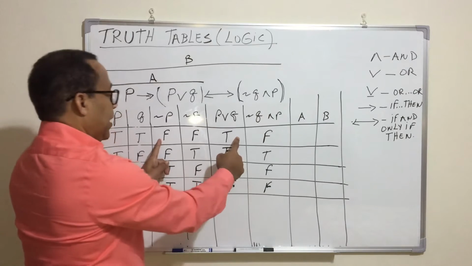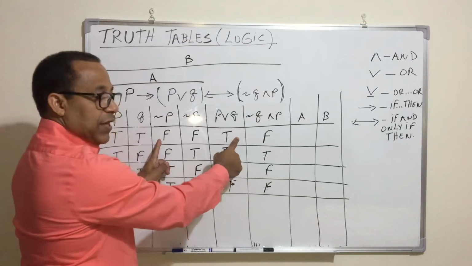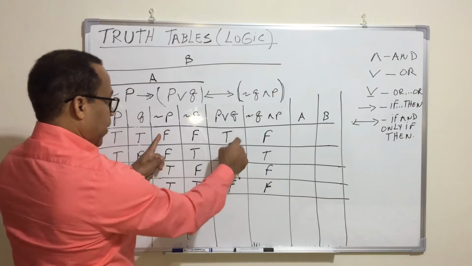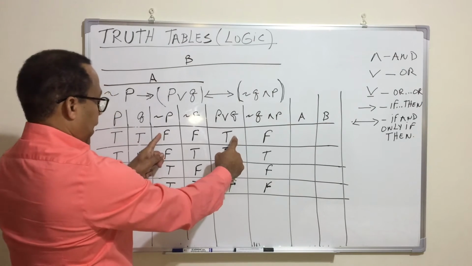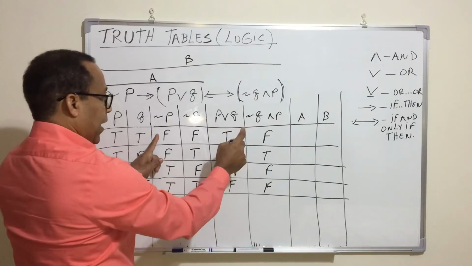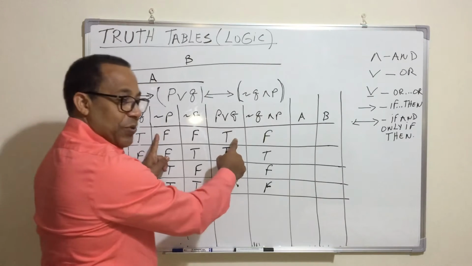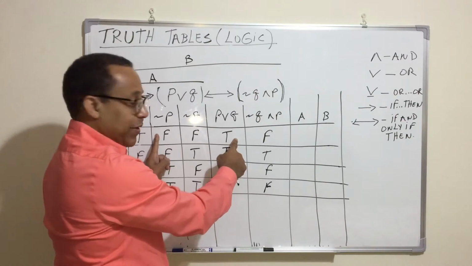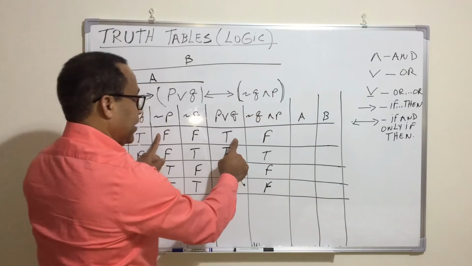My statement: if I go to the movies, I will get you an ice cream. I didn't go to the movies, but I got you your ice cream. You are happy because the important thing here is the ice cream. So this is true.